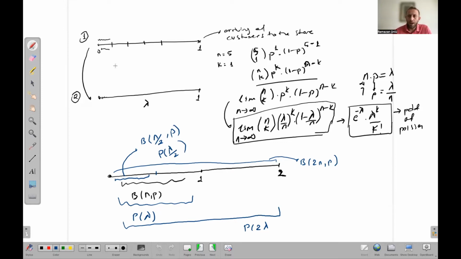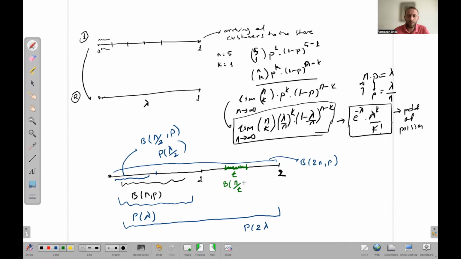Well, if we generalize this approximation, let's say I just want to approximate this part to the Poisson, and let's say the length of that time interval is t.